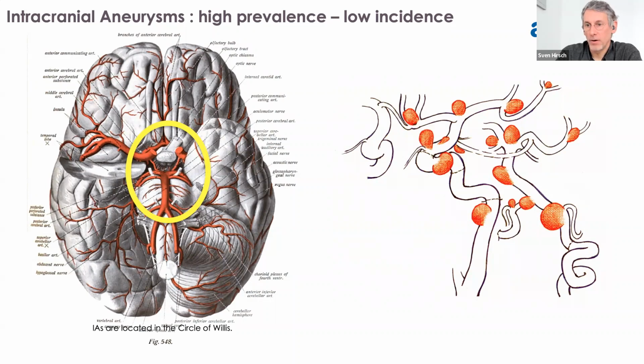That is very helpful, but it also has the consequence that you sometimes have irritating flow conditions inside the Circle of Willis. And exactly there is where the cerebral aneurysms form, because you have strange flow conditions. It is thought that especially these flow conditions are the leading cause of cerebral aneurysms.